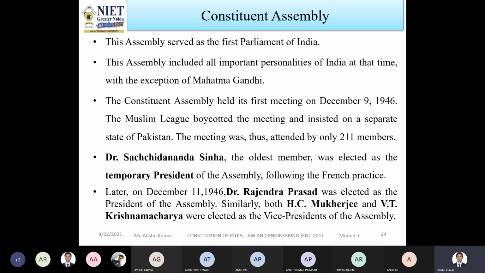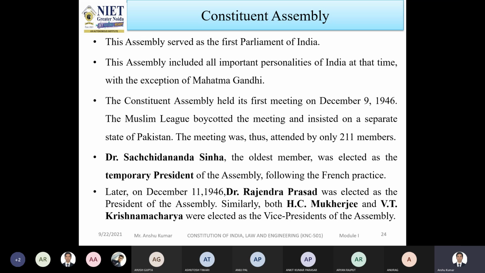But those who framed the law definitely may have taken some consent from Mahatma Gandhi; that depends upon personal thinking. But on record, Mahatma Gandhi was not part of the Constituent Assembly. That must be remembered.